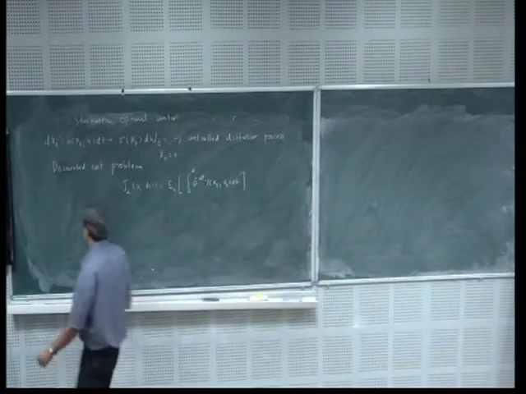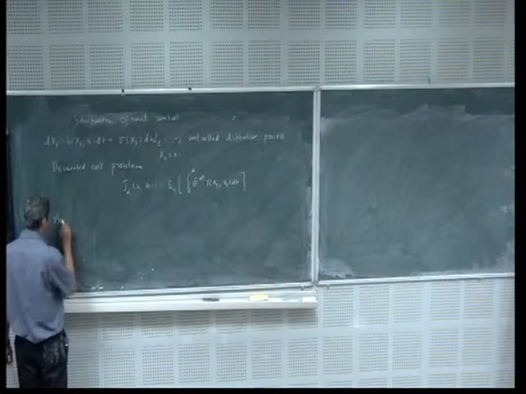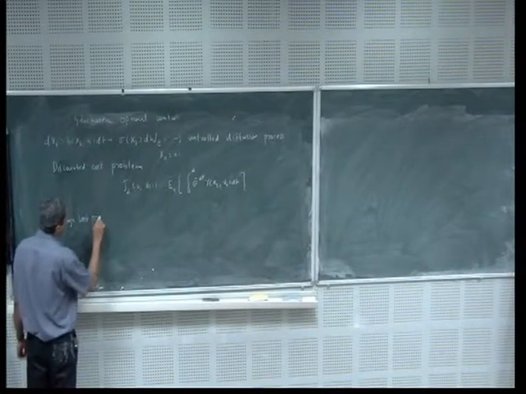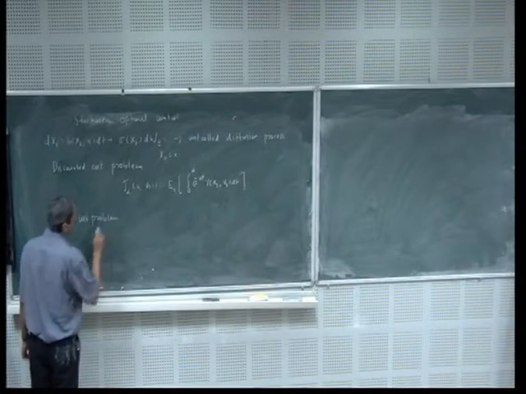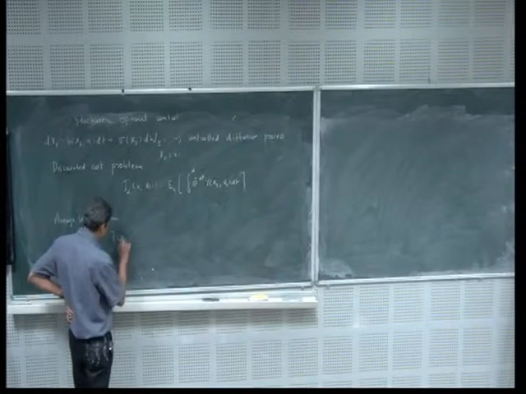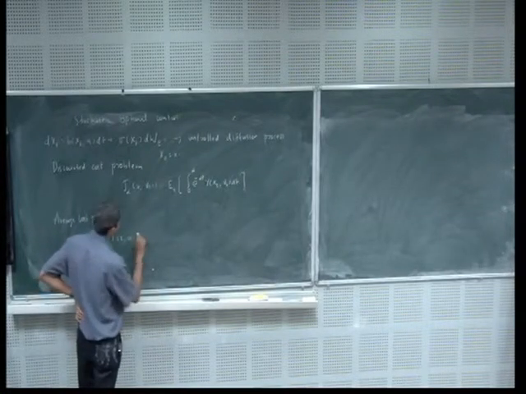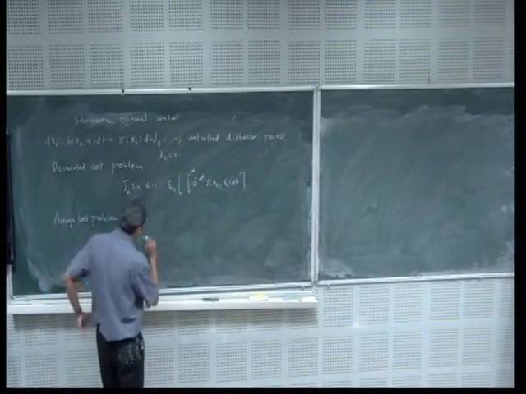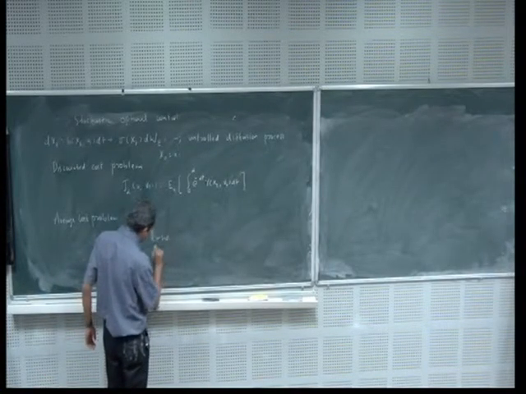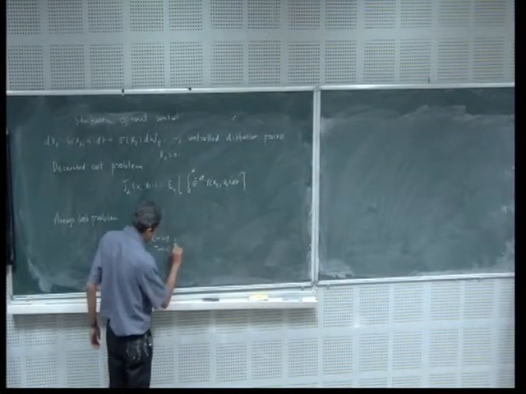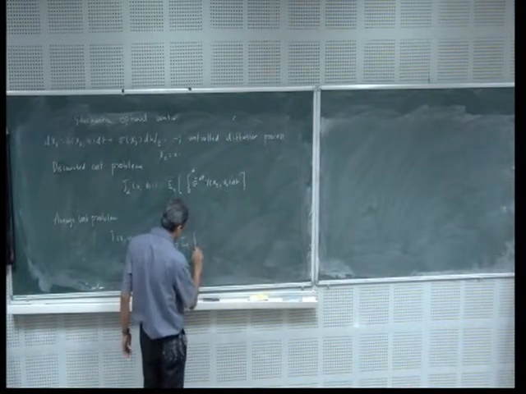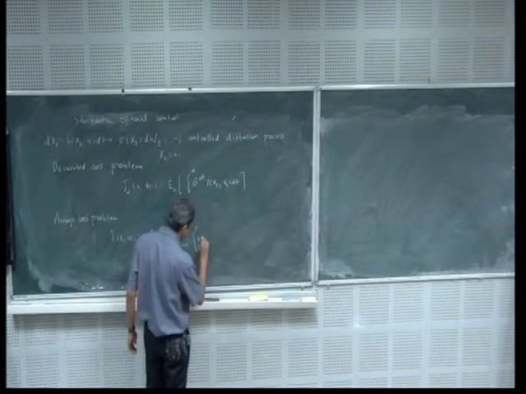And then we have the average cost problem, or the ergodic. Here what one does is you look at the following cost. You take the time average of the finite horizon cost.